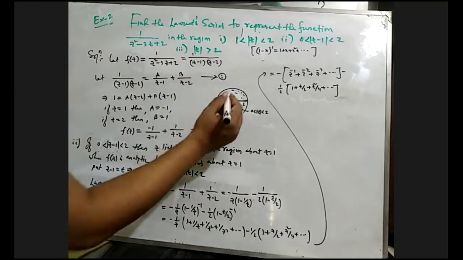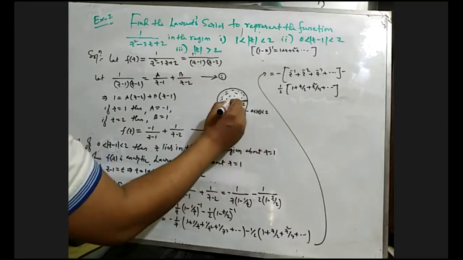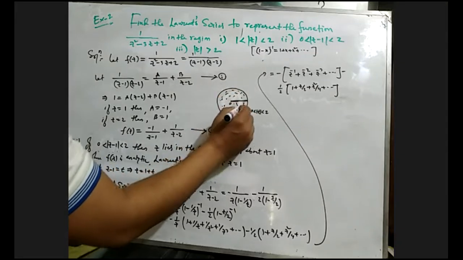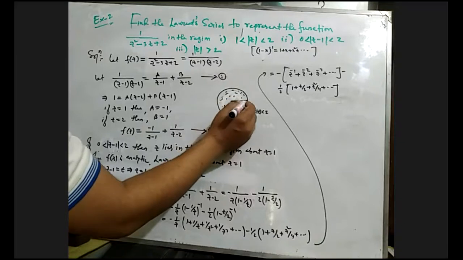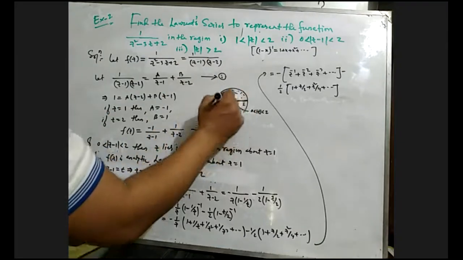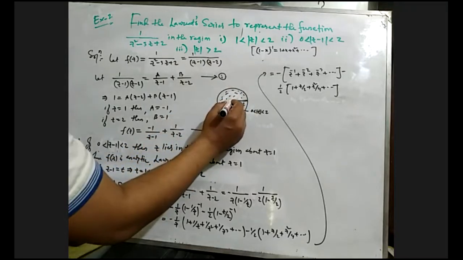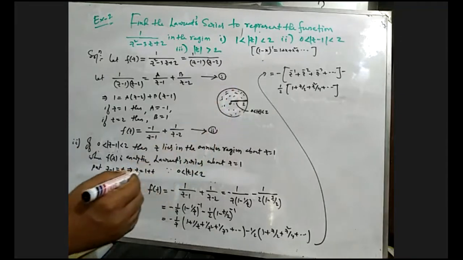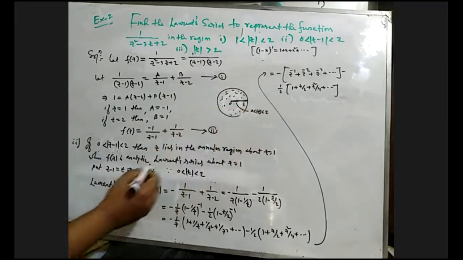For the converted region, t lies between 0 and 2. This whole disk becomes an annular region starting from the center to radius 2. So t lies between 0 and 2.